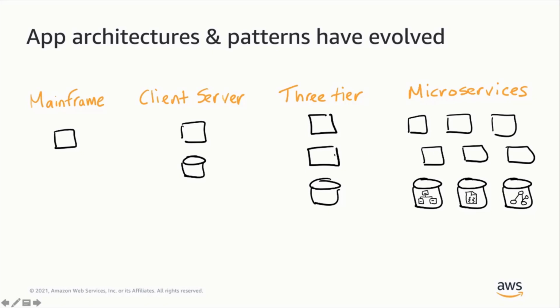And when the internet arrived in the 90s, the three-tier application architecture emerged, which means your application is divided into three different tiers. Predominantly, we call them the UI layer, application layer, and also database layer.